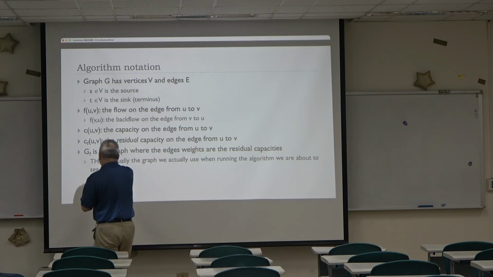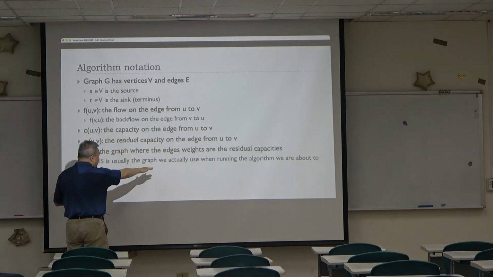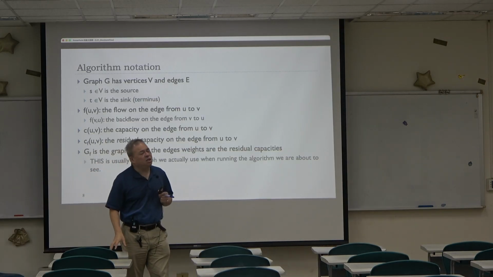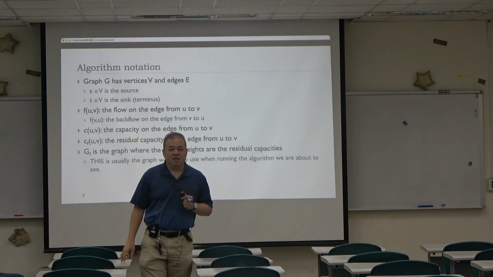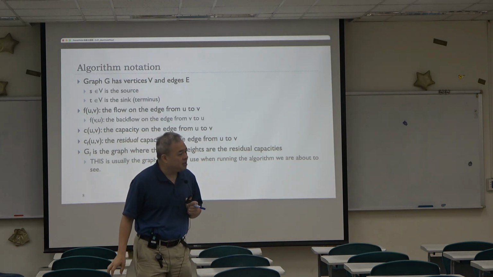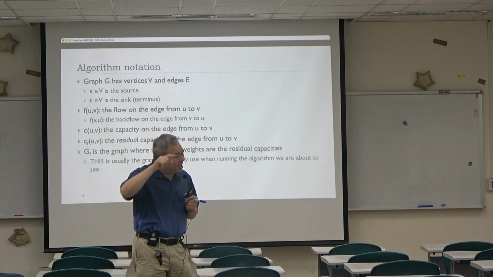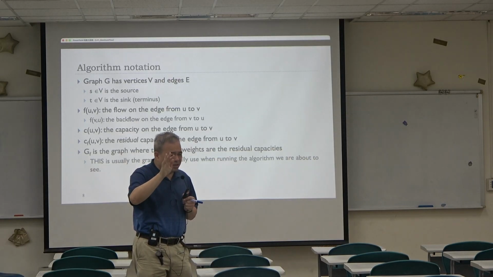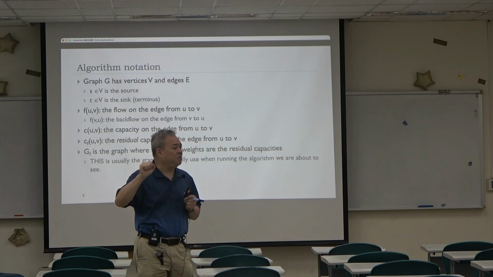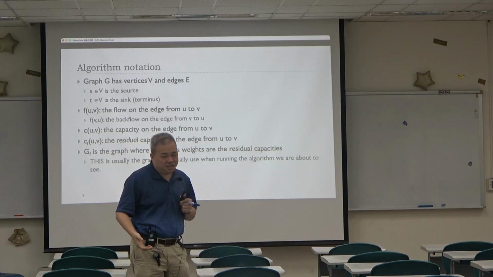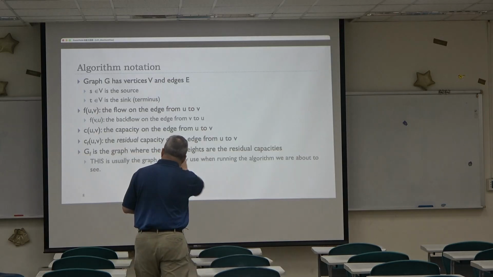And Gf, by the way, is the graph we actually use when we run the algorithm. Initially, when there's no flow, Gf equals G, the original flow network. But after you assign flows, some capacity will be used, so you only have some remaining capacity, and it becomes Gf. So this is the notation we are going to use.